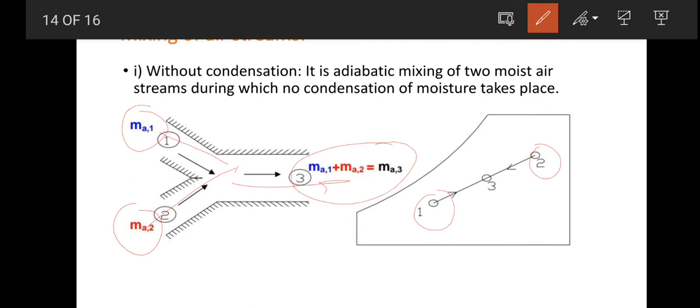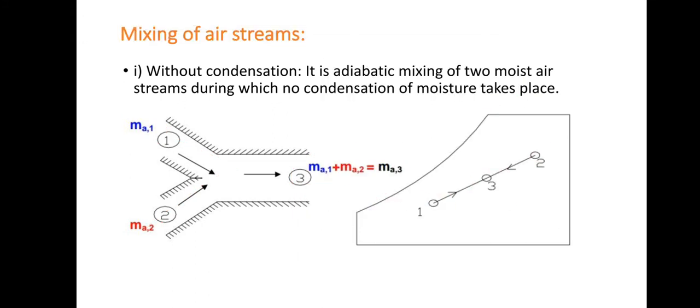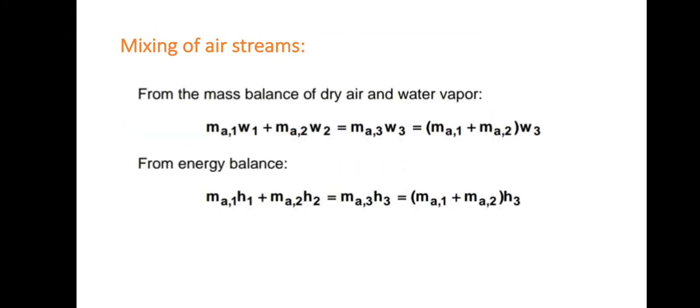When these two air streams mix with each other, the third point is found on the line joining 1 to 2 according to the mass balance. So point number 3 lies on the line joining 1 to 2. This is about the mixing of air streams.